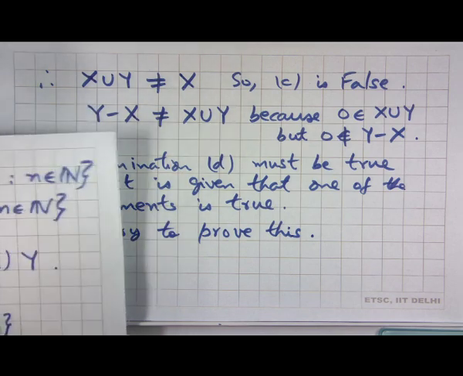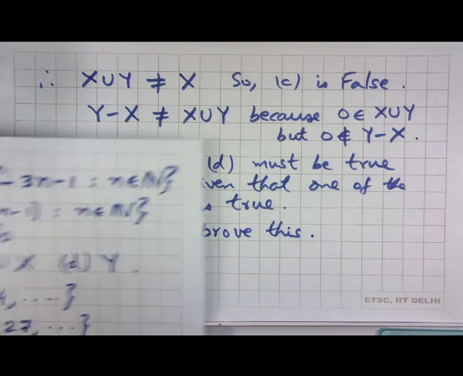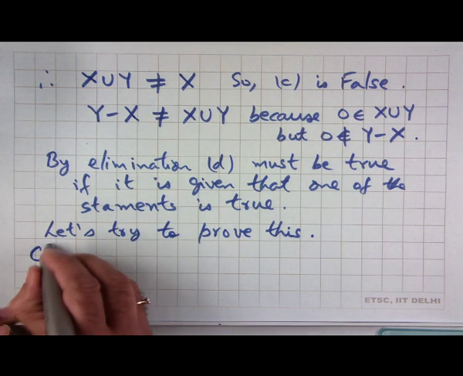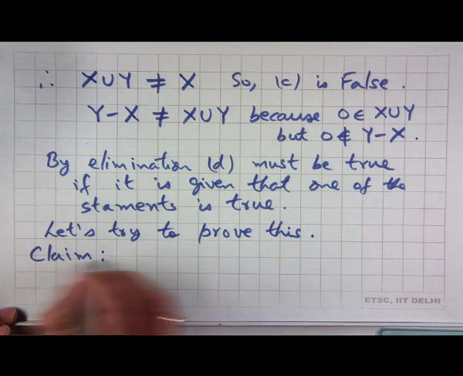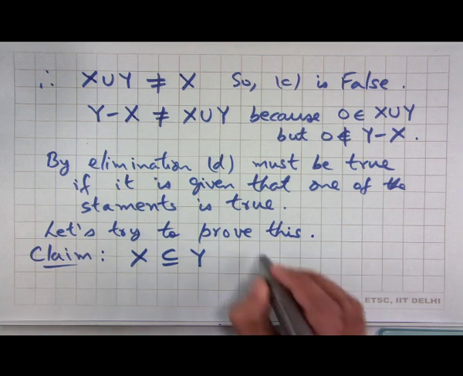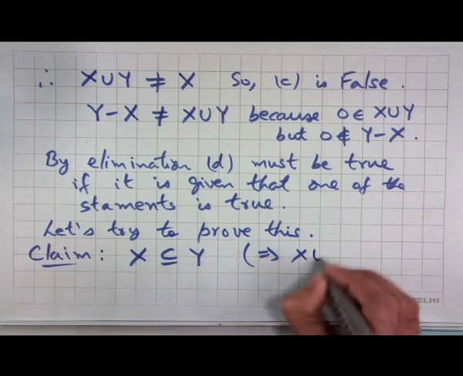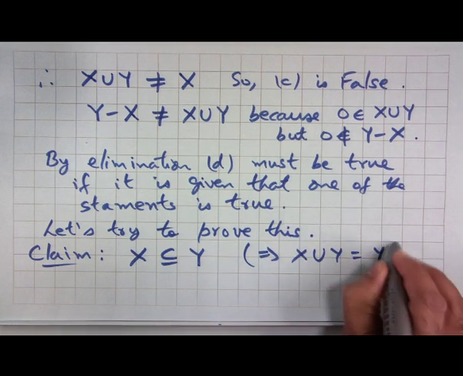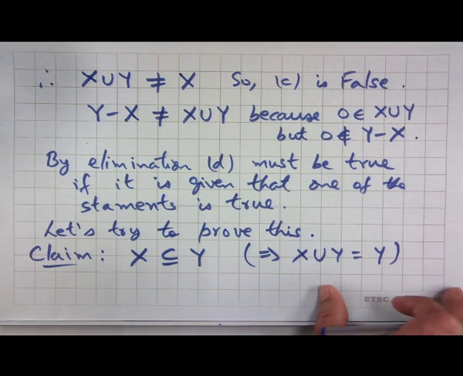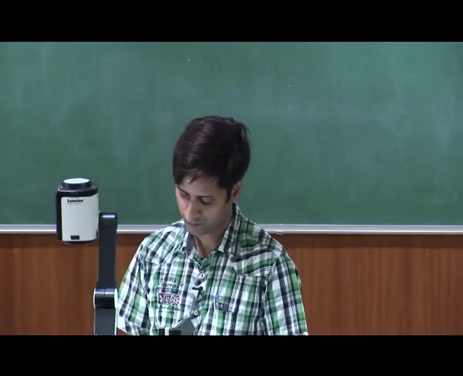So, what I want to say is that X union Y is equal to Y, which means that I have to show that X is a subset of Y, right. So, the claim is X is a subset of Y. This will imply that X union Y is equal to Y. Right. So, why is this?